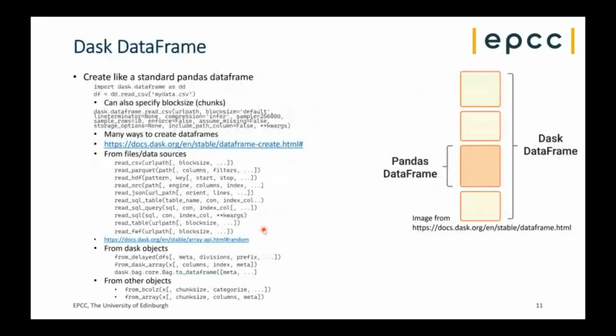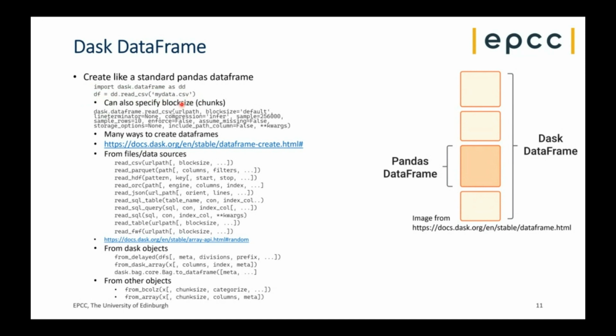So that's Dask array. DataFrame is the version which is the same as pandas data frames, or it gives you the same functionality as a pandas data frame. So again, you can import dask.dataframe, and then, for instance, you can read in a CSV file.